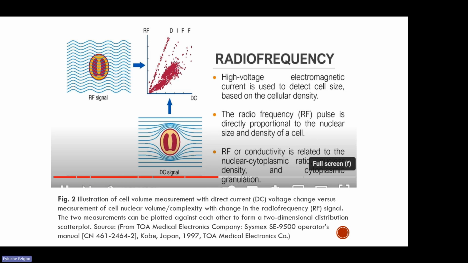You can see the radio frequency here penetrating through the internal structures of the cell, being able to analyze the nuclear contents of the cell. The two measurements can be plotted against each other to form a two-dimensional distribution scatter plot. So radio frequency is an advanced principle of counting blood cells.